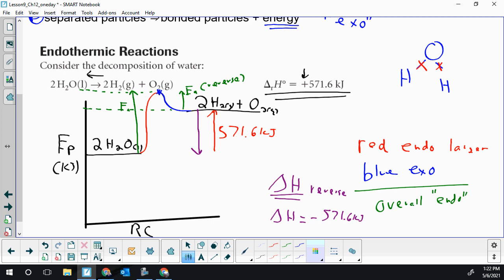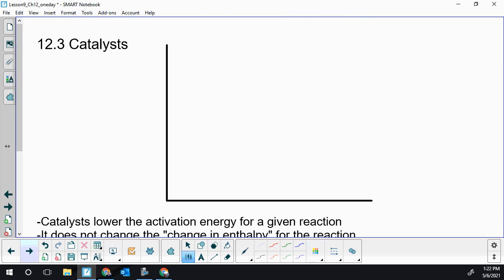Last concept is catalysts. We're going to talk about this largely just from a graphical perspective. So I'm going to do a generic chemical potential energy diagram for an exothermic reaction.